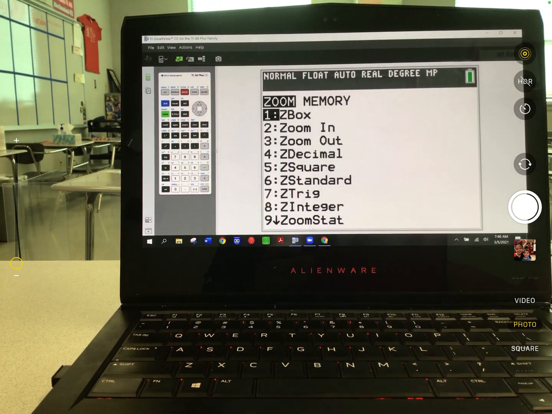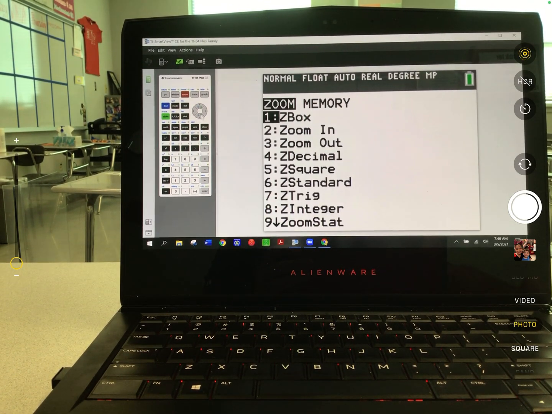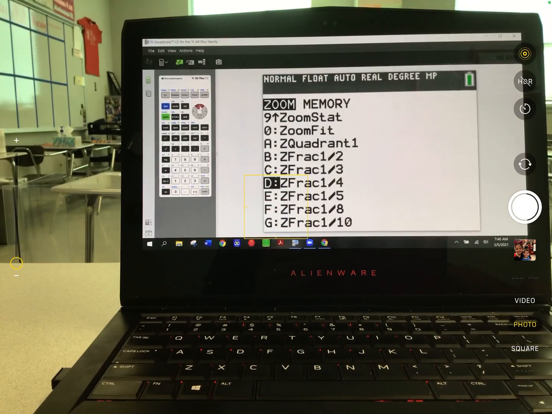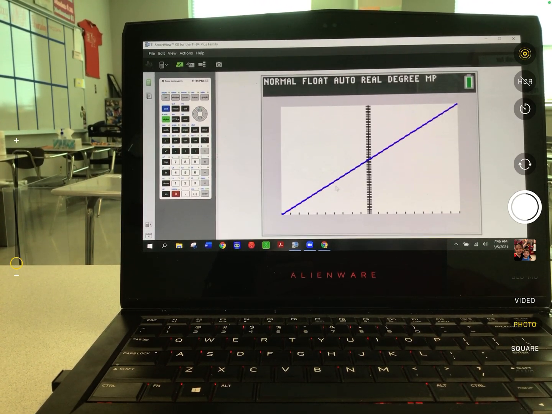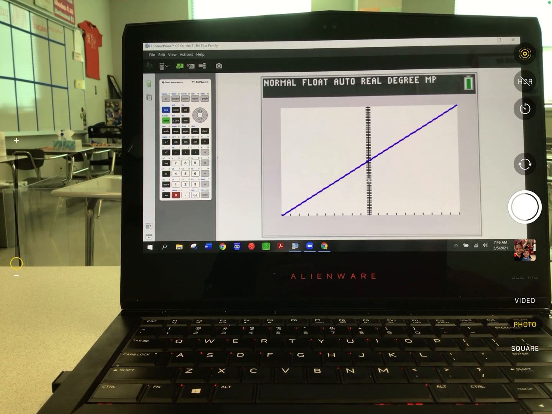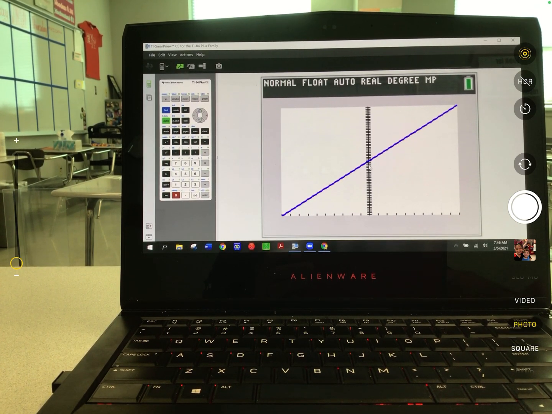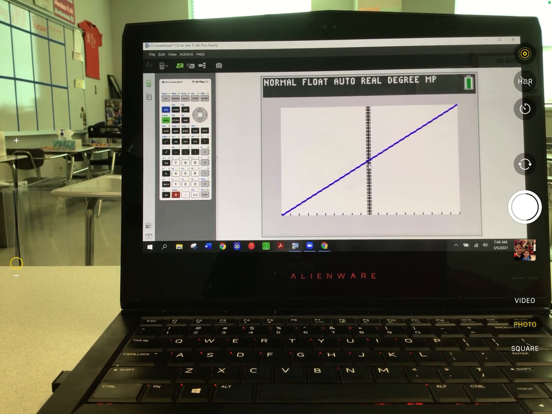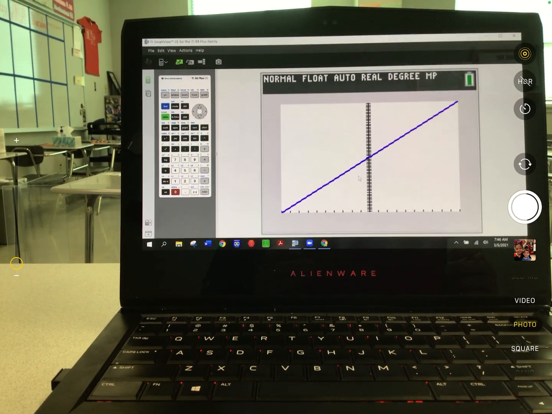We go to zoom, and then we can go not to zoom stat, but to zoom out, or if we go even further, zoom fit. Either one of those will be fine. It kind of depends on where that is, and because that 40 is way up there, that's what it's going to look like. So not a great graph. That's why I wasn't worried about this one here, okay? So if you're doing your calculator, I'm good to go there, all right?